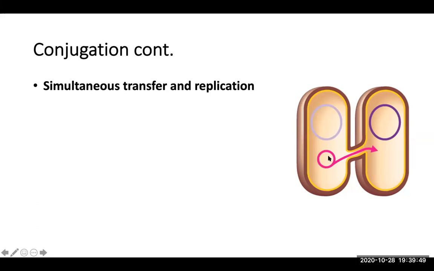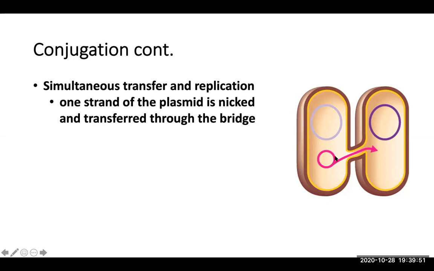So a little nick will happen in the plasmid, and one strand will start to be transferred. As that strand is being transferred, a new strand is synthesized, so that when conjugation is finished, your original cell still has a double-stranded plasmid.